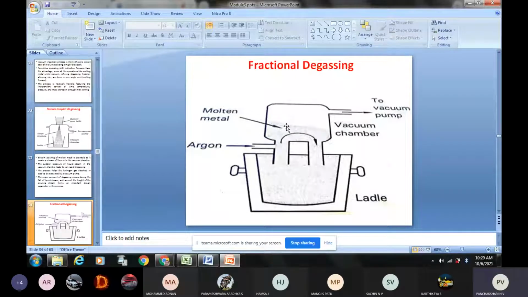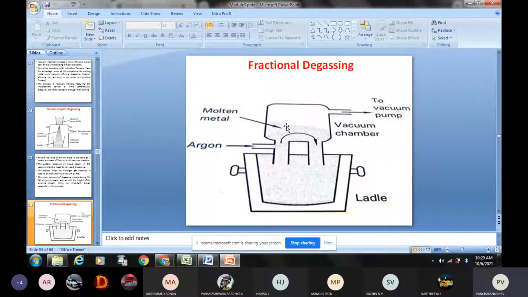Can anybody tell me what a fraction is? Just by looking at this diagram, can anybody explain? The option is open to you. Anybody can come forward. I will not explain. Just look at the diagram and the title of the process, fractional degassing.